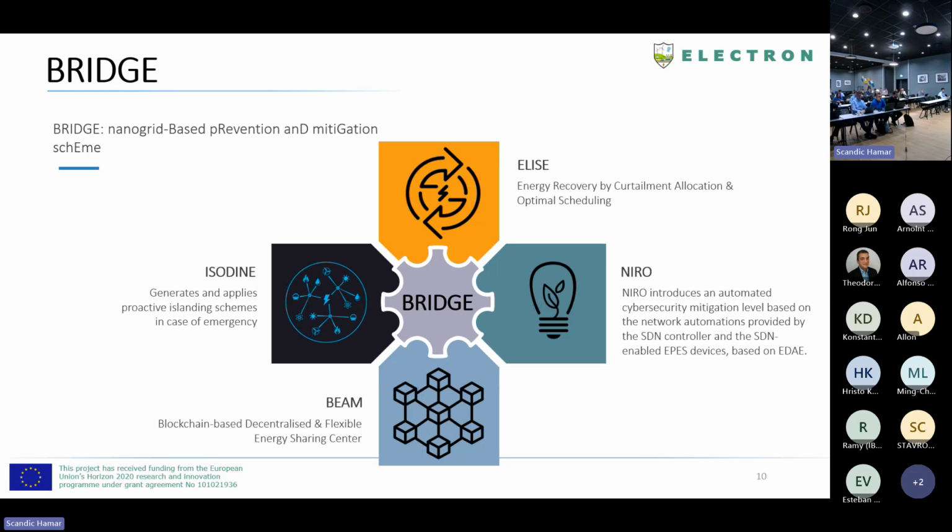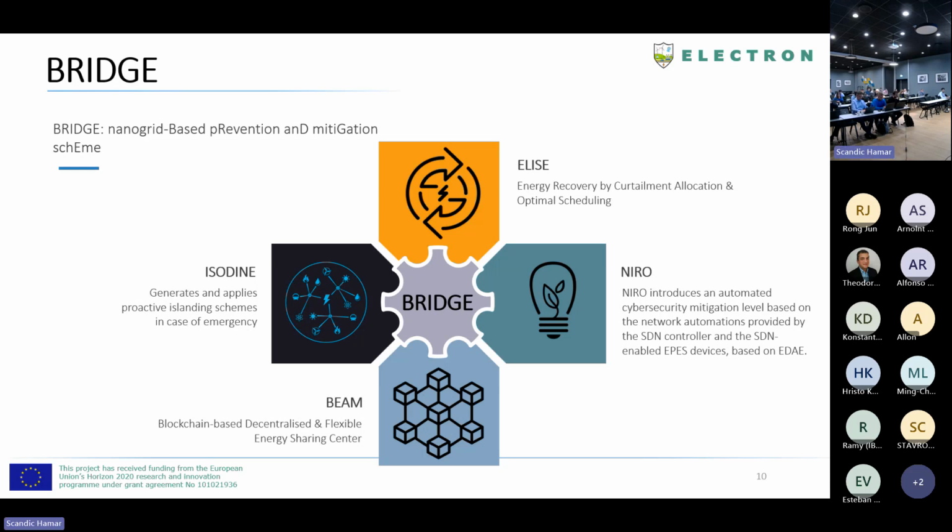First, ISODIN is responsible for intentional proactive islanding in order to avoid large-scale catastrophic events with respect to the nature of the energy domain. Then, based on the islands created and indicated by ISODIN, ELISE is responsible for the grid restoration.